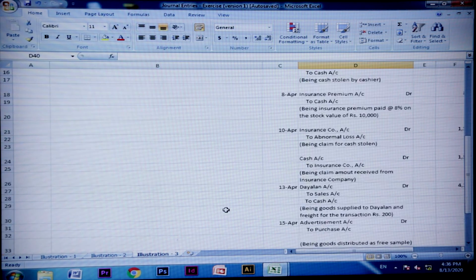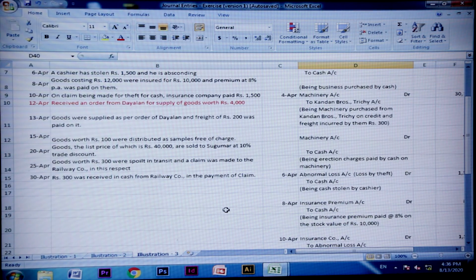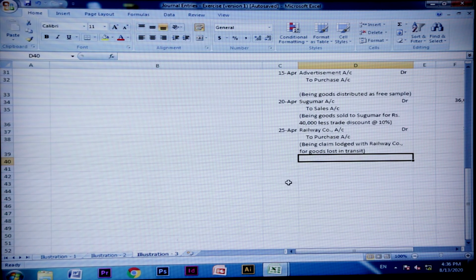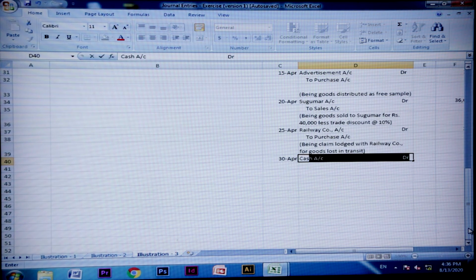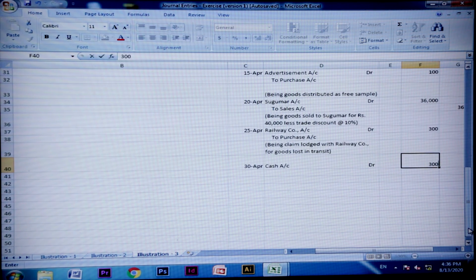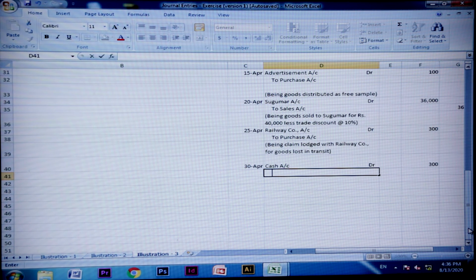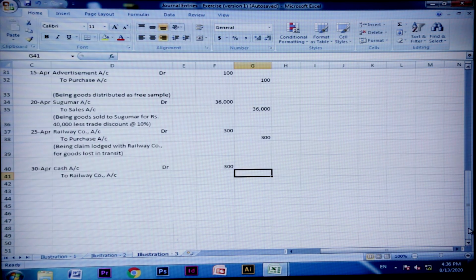So the next entry is on 30th April, rupees 300 received from railway company. The claim amount is received, so cash account debit 300 to railway company account 300.